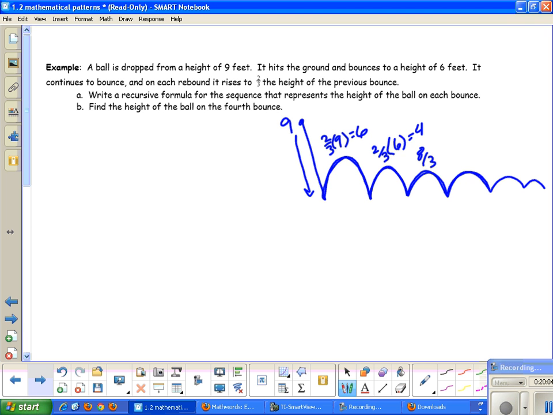So to write a recursive form for this, now instead of starting off with a first term, I'm going to start off with u sub 0 because that means I have no bounces. So for no bounces, I start off with a height of 9 feet. And then I need to come up with a formula for finding the nth term of my sequence. Each time, notice I'm going by a height of 2/3. So u sub 0 is equal to 9. U sub 1 is equal to 2/3 times 9, which was equal to 6.